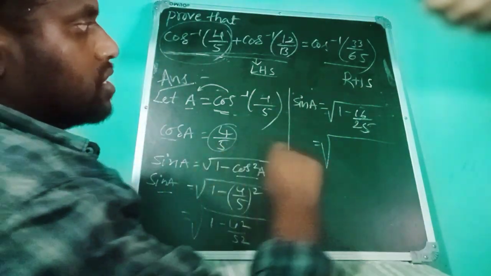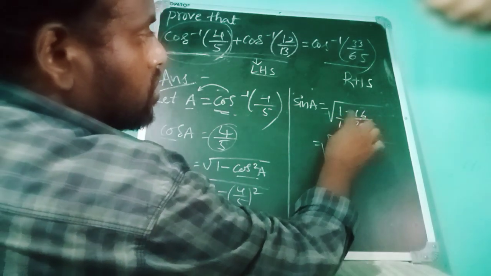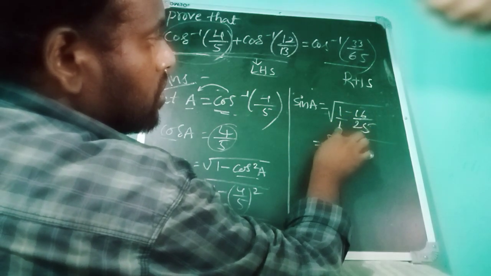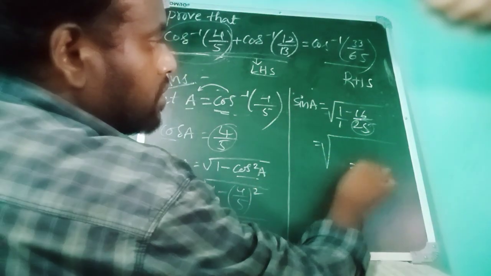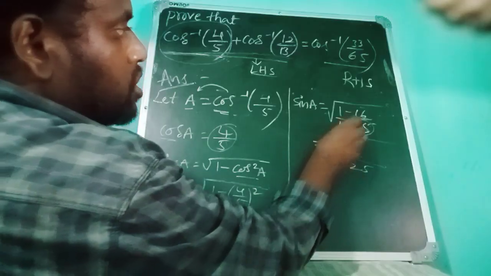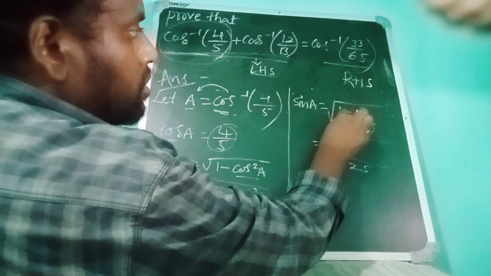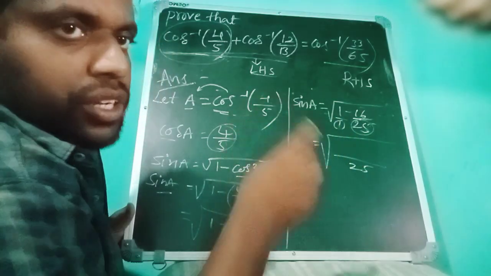Now we have to take the LCM. Here nothing is there means 1 is there, so since it is 1, the number here, 25, will be the LCM. Divide this 25 by this 1, the denominator, and you get 25 only.